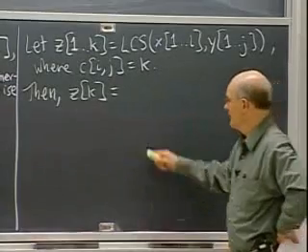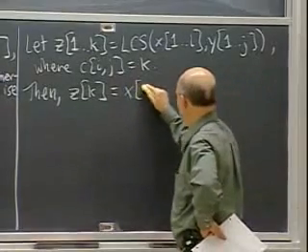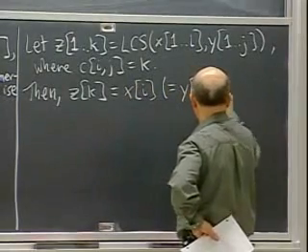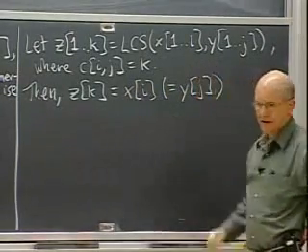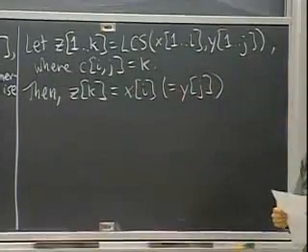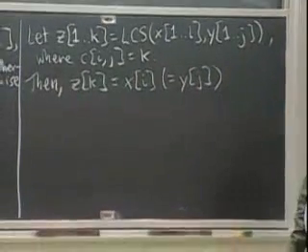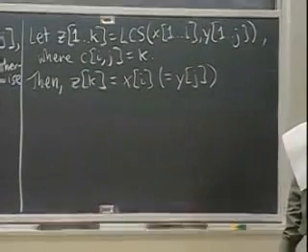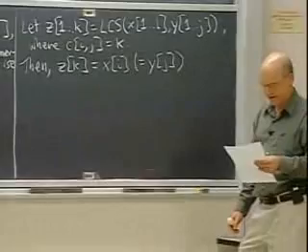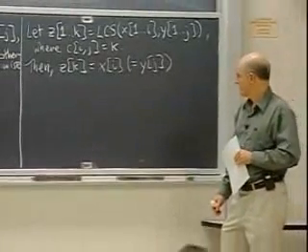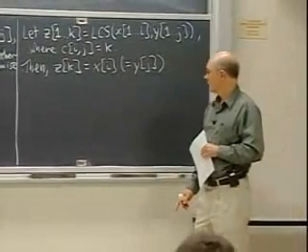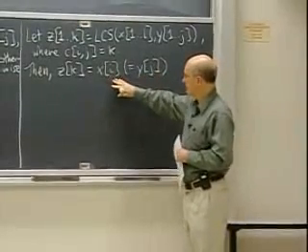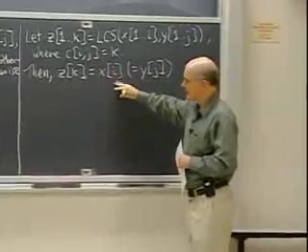Yeah, it's actually equal to x of i, which is also equal to y of j. Why is that? Why couldn't it be some other value? Because i and j are the last two values, and they're equal. So you got the right idea.